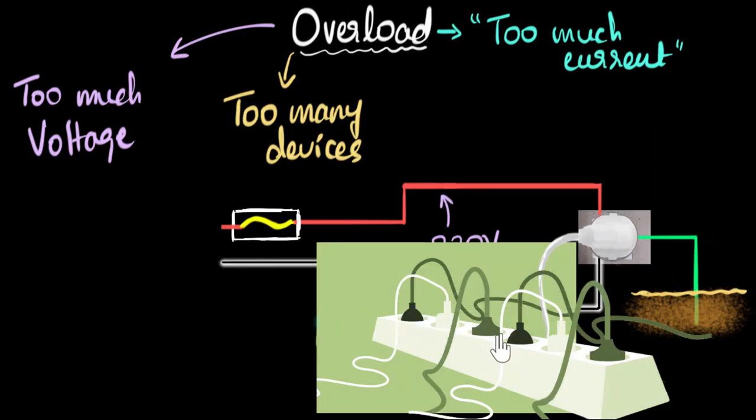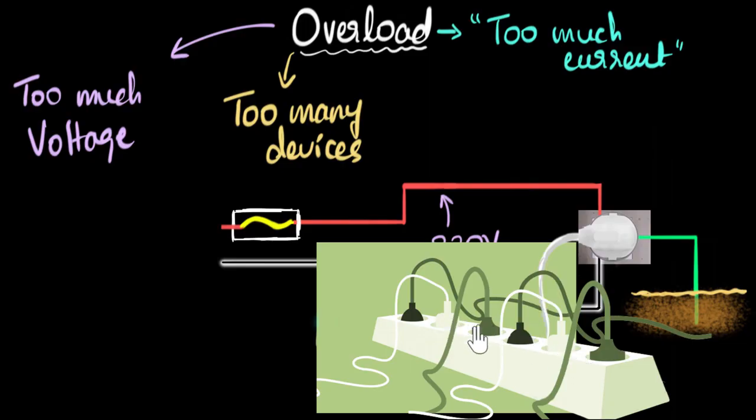Now, each of these devices is drawing some current, and therefore the total current drawn in the circuit starts increasing. The more devices you attach, the more current gets drawn. And again, eventually the same problem can happen. If the current drawn is more than the capacity, then we say there's an overload happening. So this time the overload happened because too many devices were attached.